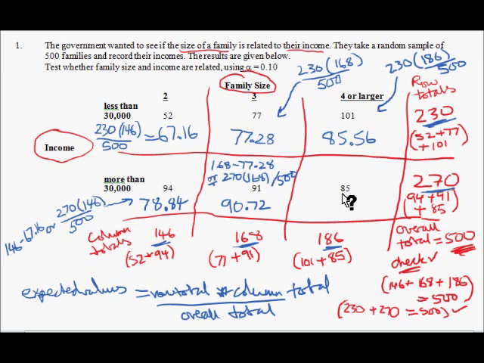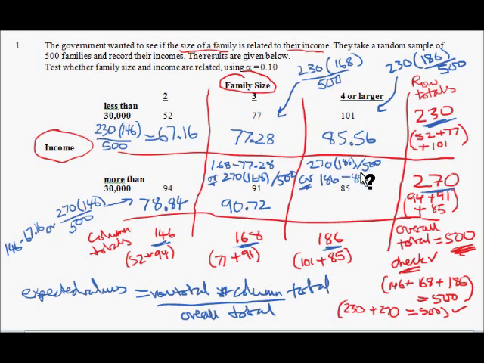And now the last cell here, we have several ways of getting that. We can take the regular way, the row total, 270 times the column total 186, divide by 500. Or the easy way is take the 186, the column total, minus the other value, the 85.56 up here.